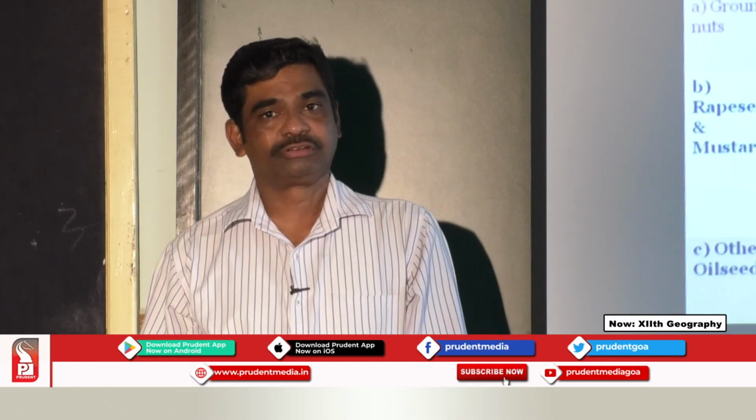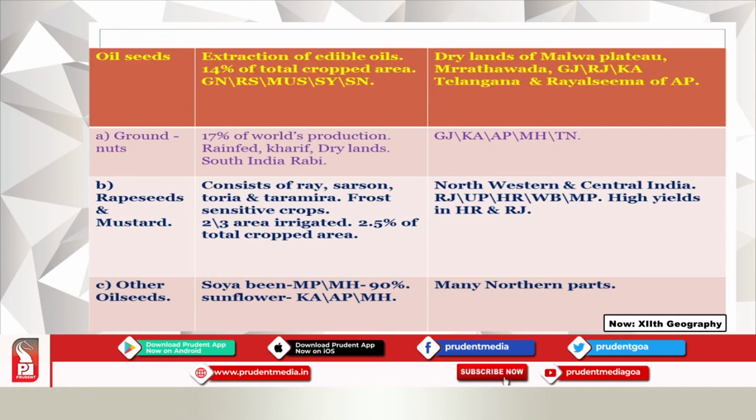The first one is groundnut. 17% of total crop area of India is under groundnuts. It is a rain-fed crop, kharif crop, well cultivated and distributed in dry lands of South India and parts of North India.